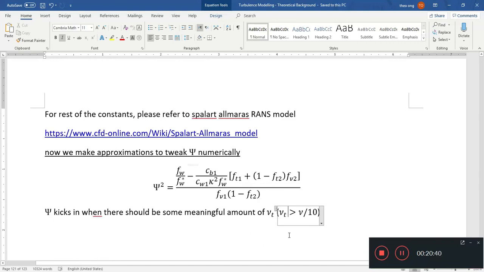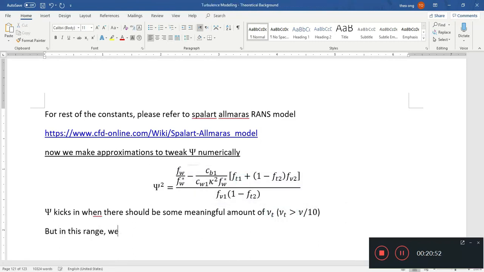Anything above, you have to take it into account more seriously. In this range, we find there's a nice simplification we can make.